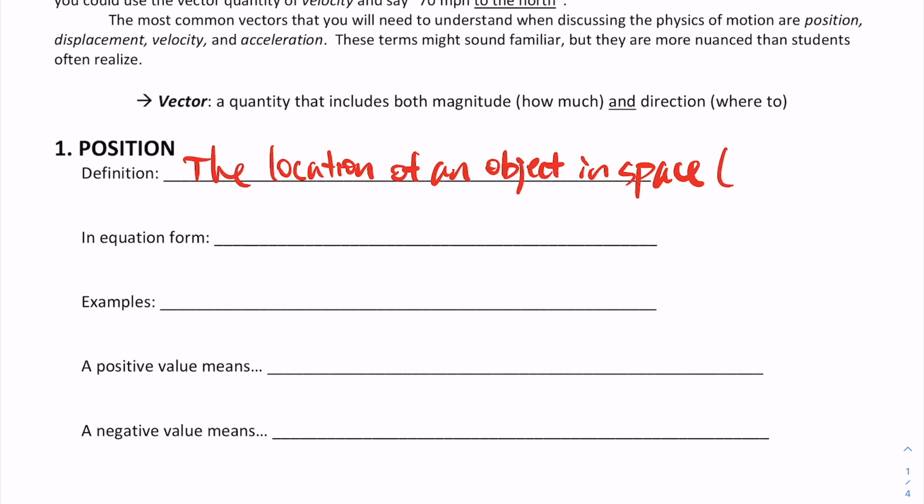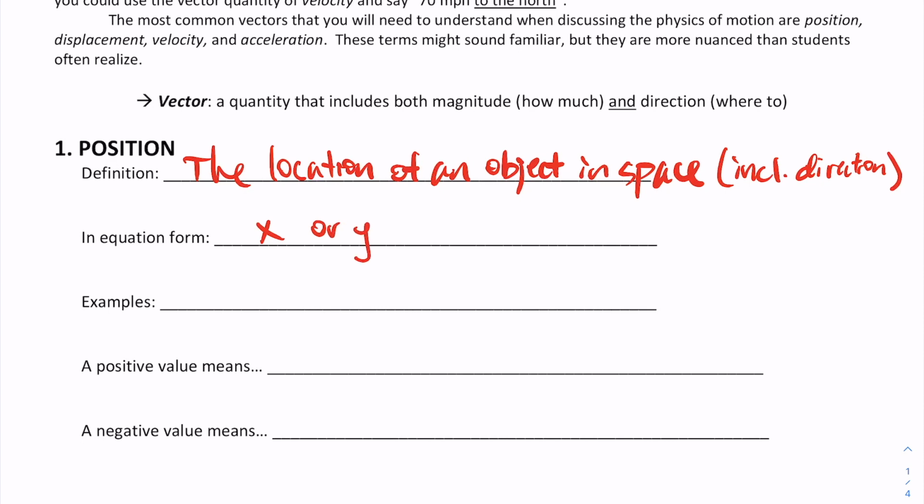And of course, we are including direction. When we talk about position in an equation, we're going to use a variable to represent position. The most common variables are the variable x for a horizontal position, or the variable y for a vertical position.